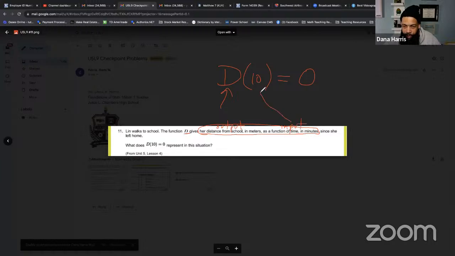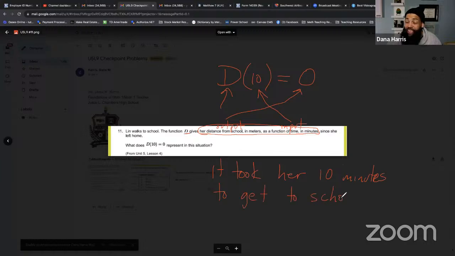Okay. So this is input. This is output. Boom. So what that's saying is her distance from school. So what this says is basically her distance from school is 0 after 10 minutes. So in a nutshell, in simple terms, this means it took her 10 minutes to get to school.